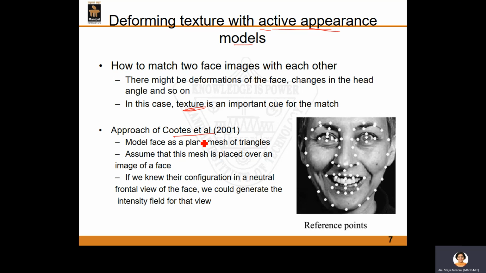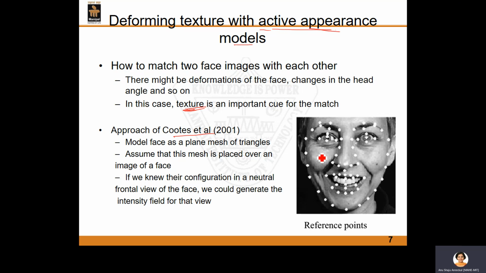And this is a very popular algorithm which was developed in 2001 by Cootes et al. This particular model is mainly applied to face images, where face images of different expressions or emotions can be generated.